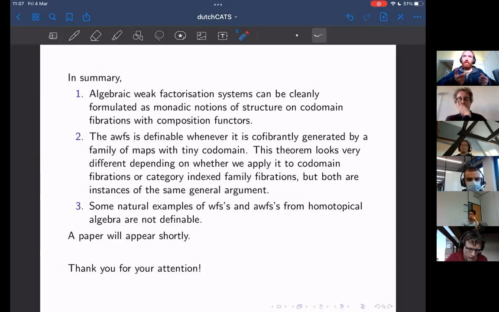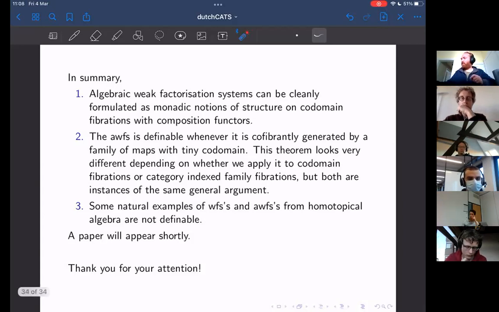The definability says that this classification of fibrations is working the way it should. If it's not definable, it doesn't necessarily mean everything breaks, but it's not working as well as it should.